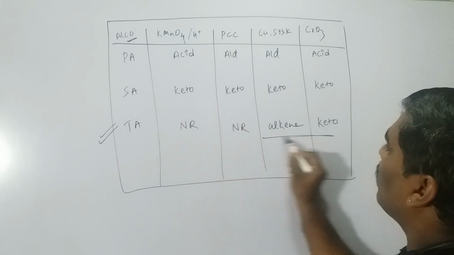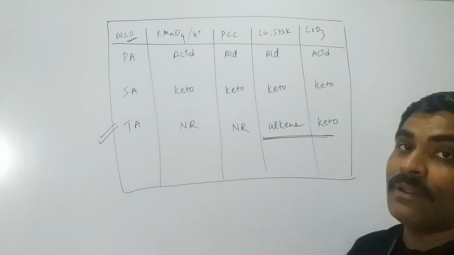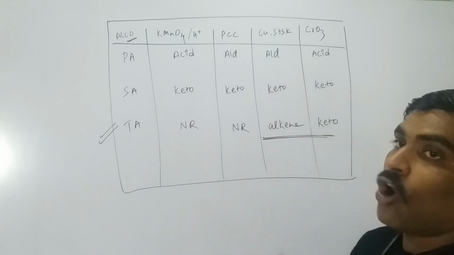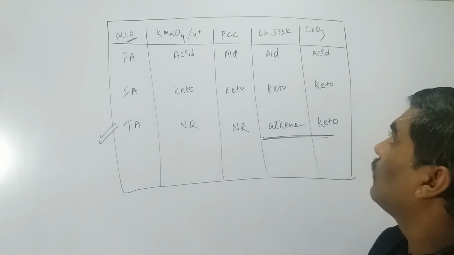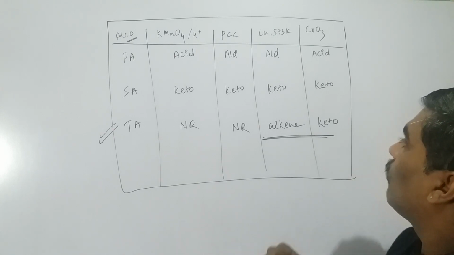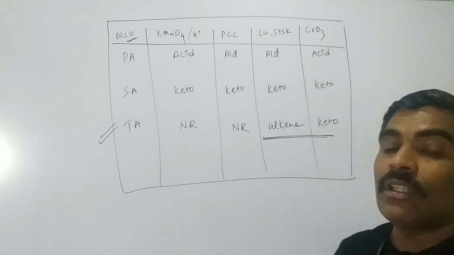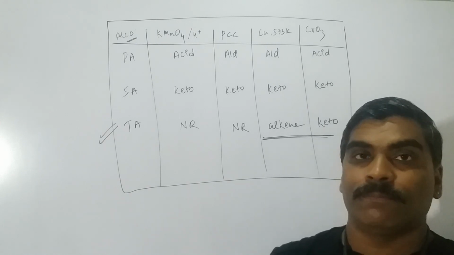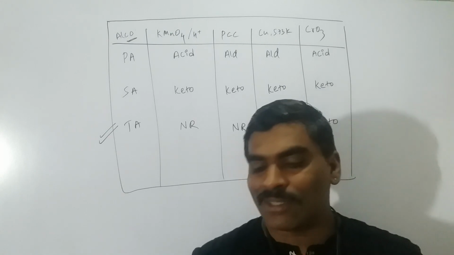Actually we have to say this. What happens when tertiary alcohols are reacted with copper? Or what happens if they react with strong oxidizing agents like CrO3? So those two reactions we now have to see.